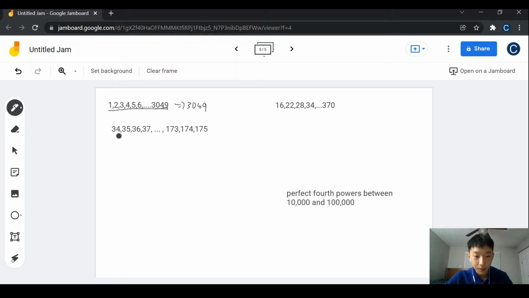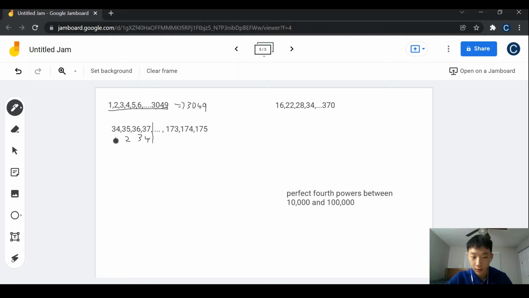So let's say 1, 2, 3, 4, and just look at it from there. Alright, so we have 34 and 1, 35 and 2, 36 and 3, 37 and 4. You might see a pattern, and that pattern is that the difference between the number that we're counting and the number of numbers that we've counted so far is 33.